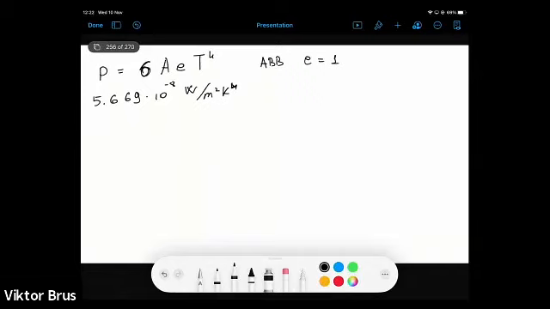Because an absolutely black body can absorb all wavelengths, so it doesn't reflect anything. It means if it can absorb everything, it can emit also in all spectral ranges. So that's the rule. If you want some surface to radiate in a certain spectral range, you need to be sure that it can absorb in this particular spectral range.